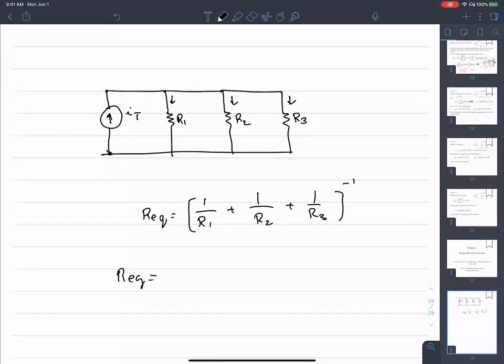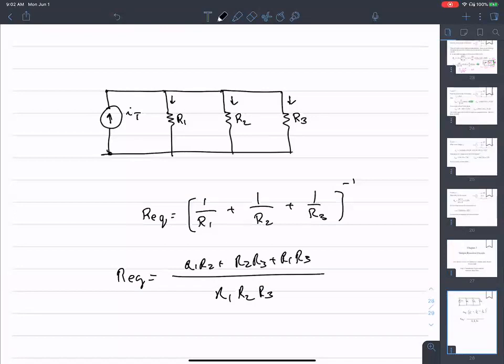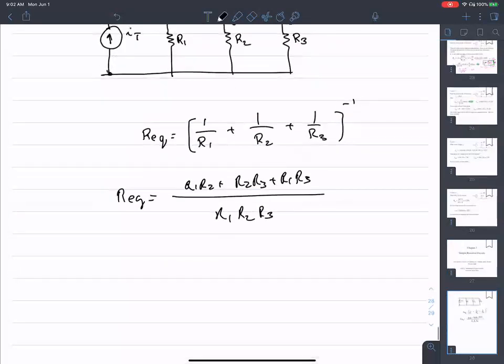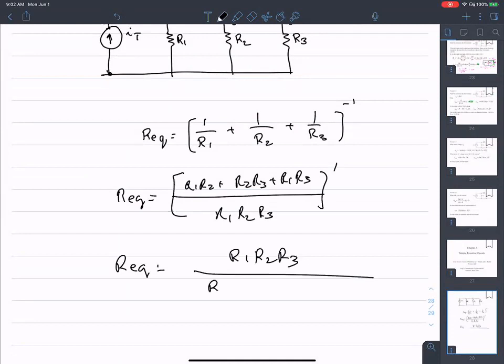So R equivalent will come out to be R1 R2 R3 over R1 R2 plus R2 R3 plus R1 R3.